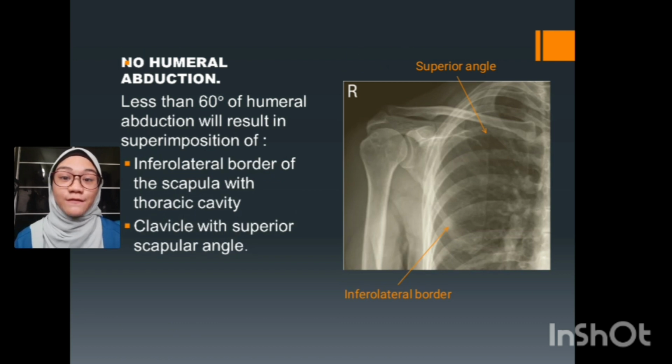What happens if you don't abduct the arm at all? Less than 60 degrees of humeral abduction will result in superimposition of the inferolateral border of the scapula and the thoracic cavity, and superimposition between the clavicle and the superior scapular angle.